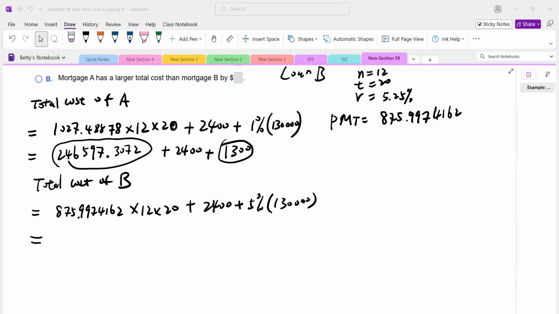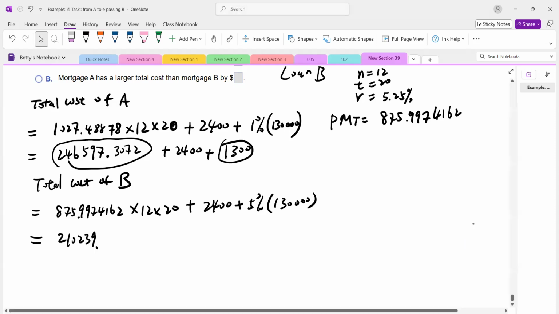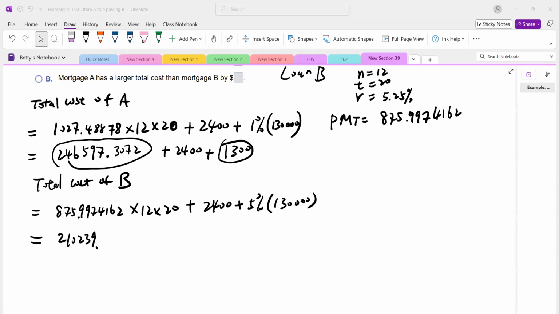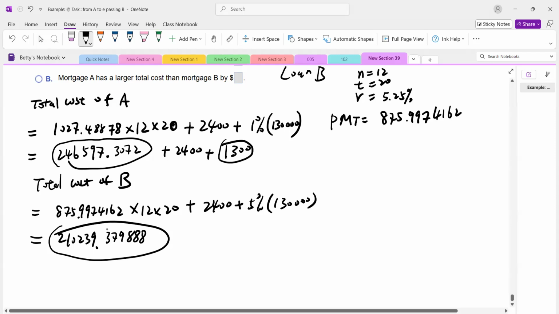So that gives $210,239.379888. So this is the principal and the interest you end up paying the lender.